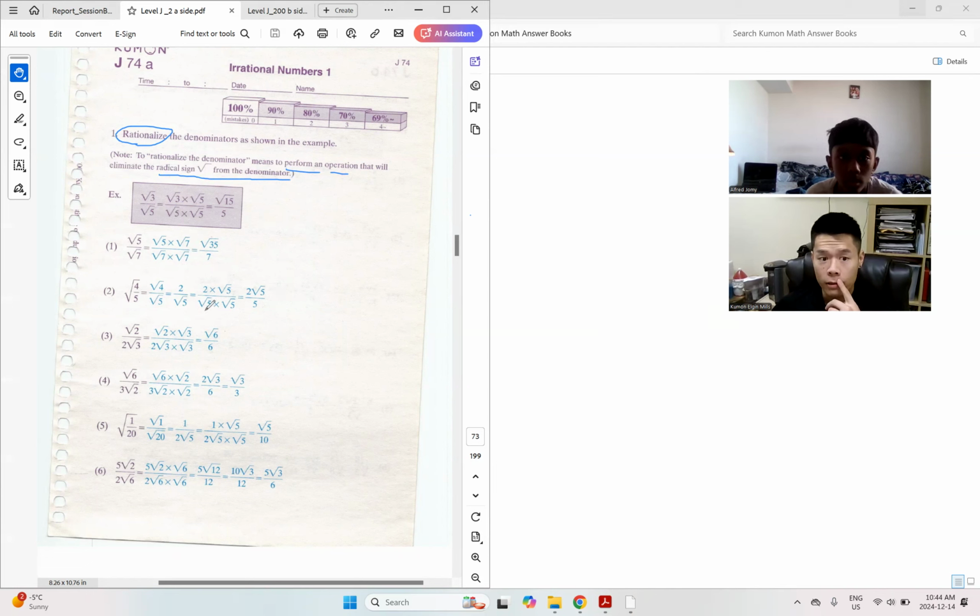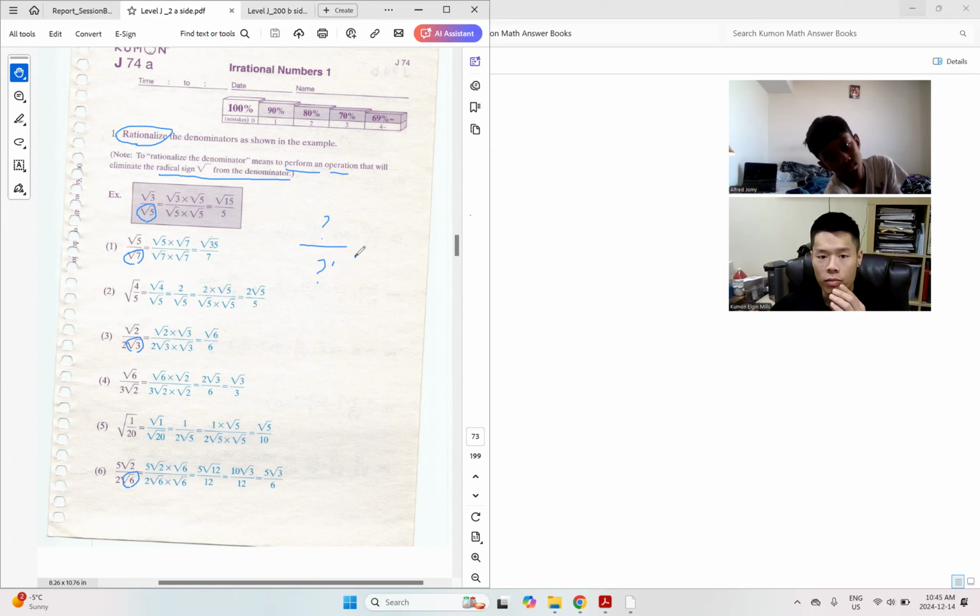Okay, so I like your answer, but the essential idea was that we see any radical signs underneath. For example, we have root 7, root 5, root 3, and in this case, root 6, and so on. All we need to do is use the attribute of fractions. Let's say we have a question mark over a question mark, prime.